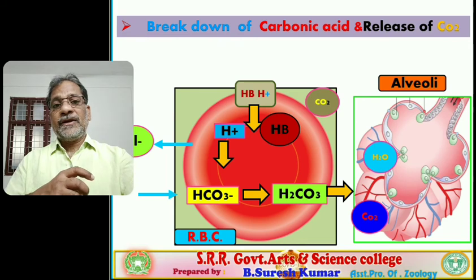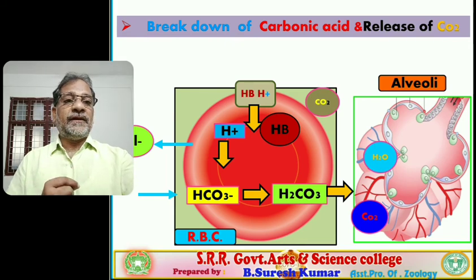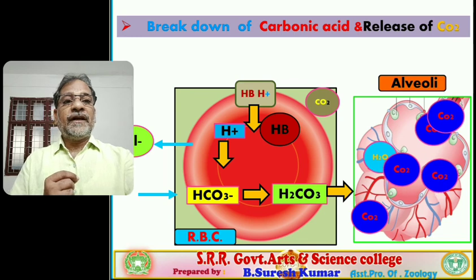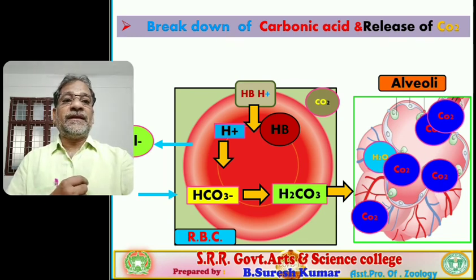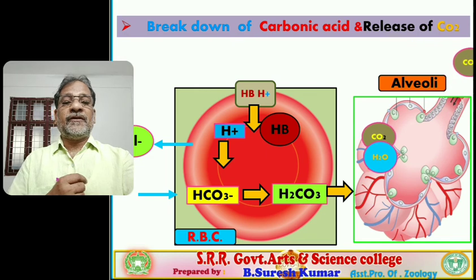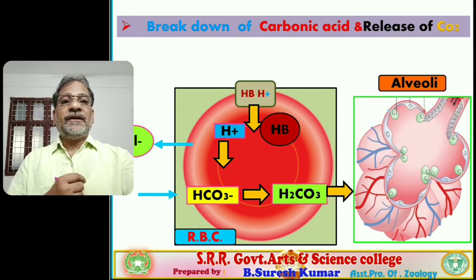Carbon dioxide molecule and water molecule. Such carbon dioxide is released into the alveolar space and expelled out in the expiration process. In the same manner, whatever carbon dioxide is released in plasma is also expelled out, correct? And simultaneously water also.